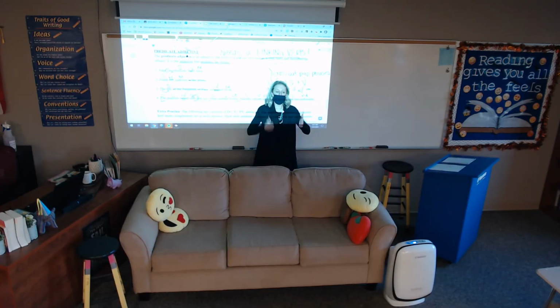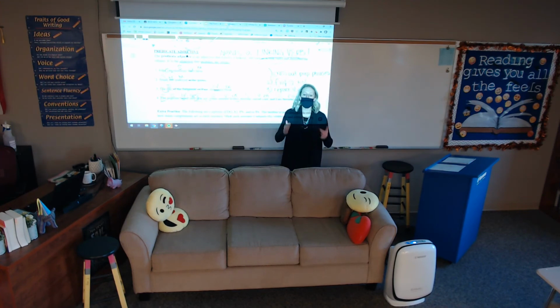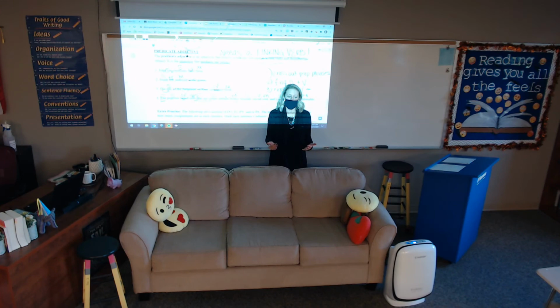If it's an action verb, what kind of complement do we look for first? Diana? A direct object. Once you find your direct object, you can see if you have an indirect object. But remember, you will never, ever, ever have an indirect object without a direct object.